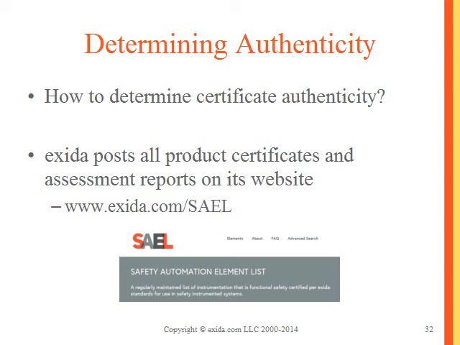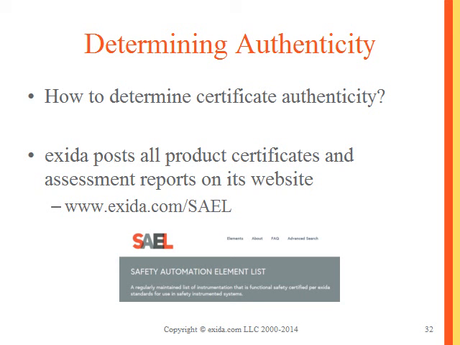So the authenticity is something that, as an end user, you would unfortunately have to actively go in and verify that they are valid. Unfortunately, there are people in the world whose products do not meet the requirements of 61508 per the Exida assessment scheme, and they try to find their way to the market this way.